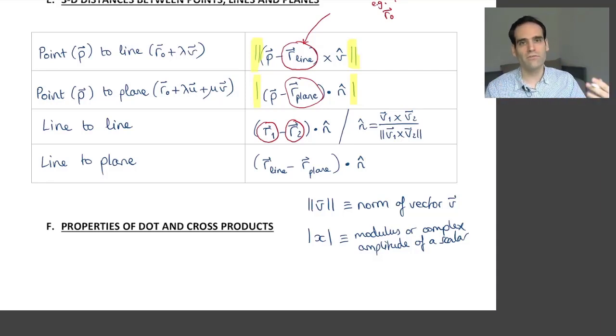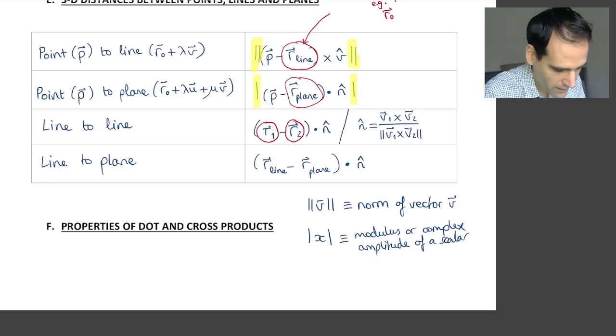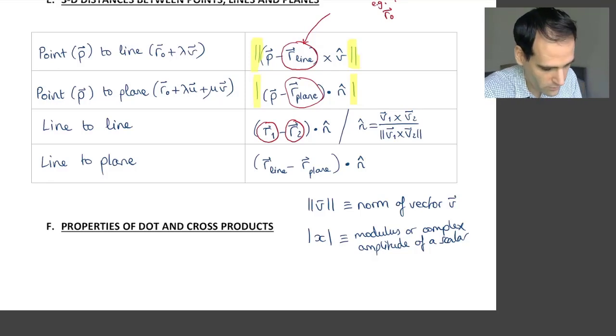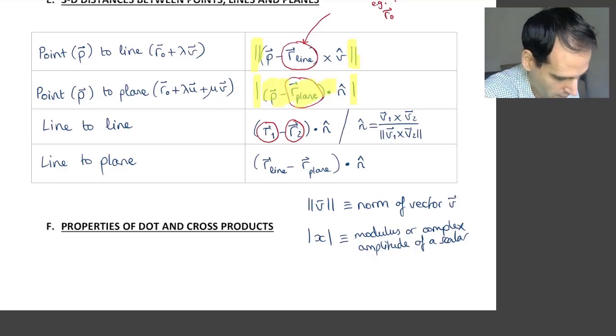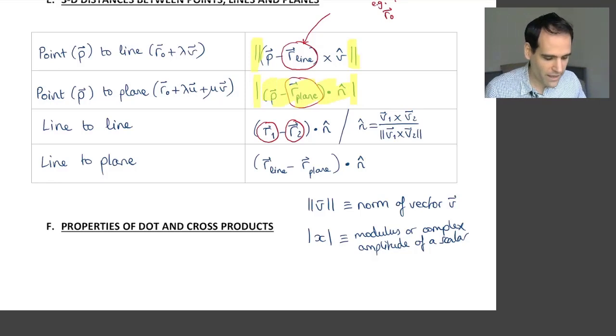For example, modulus of -1 is 1, modulus of -3 is 3. Modulus of 1 plus i is the square root of 2, which would be the complex modulus of this number. So for that I use a single line. The difference will always be that the double lines have a vector inside, while the single line has a scalar. That's why in the equation for the distance between the point and the plane, we have a single line, because what is inside is a dot product. The result of the dot product is a scalar, so this thing will be a scalar. That's why I calculate the modulus of that scalar.